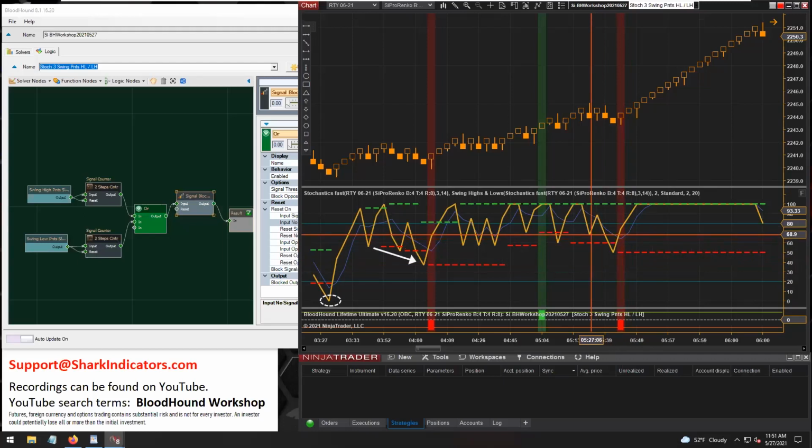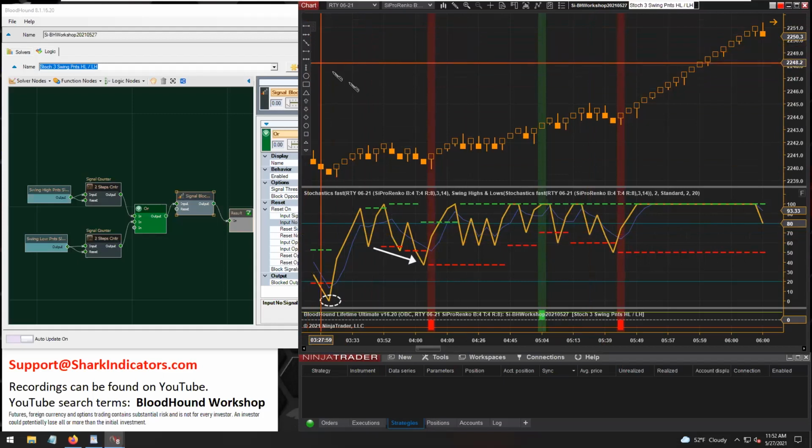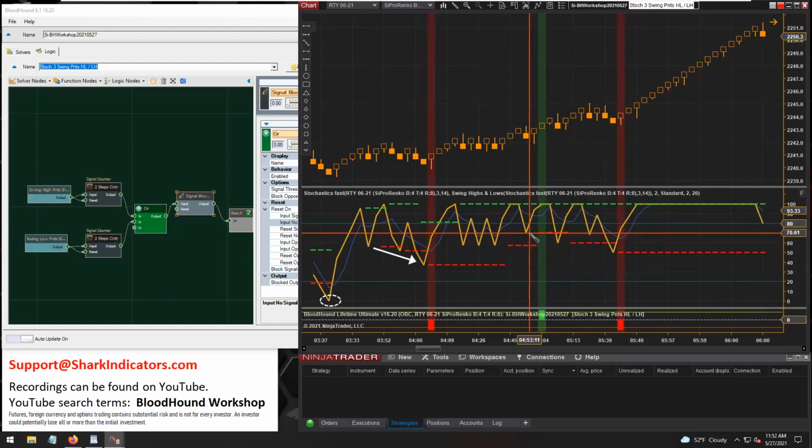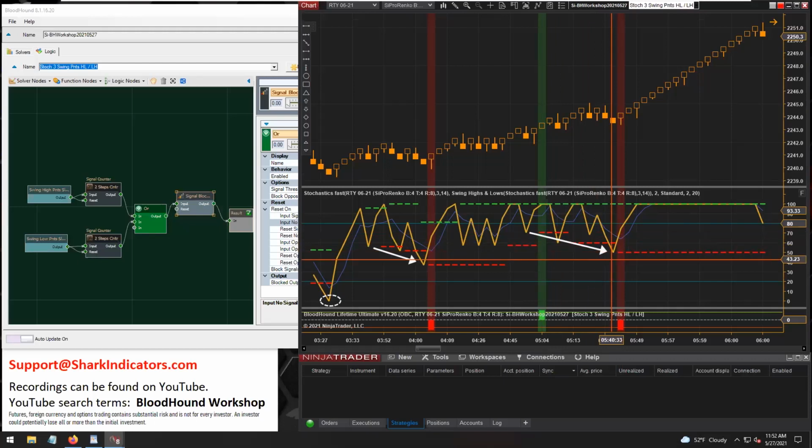Okay, so that swing low is being ignored there. But otherwise, we have first low point, second low point, third low point, stepping down.